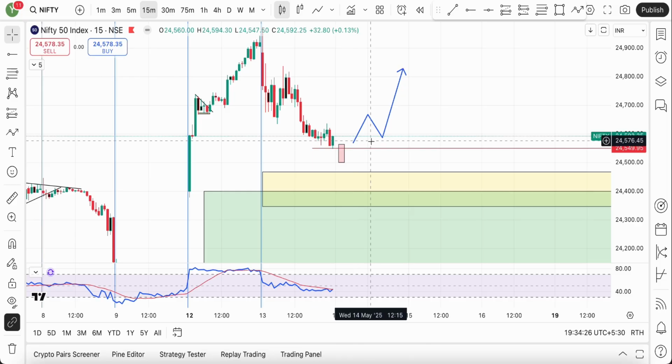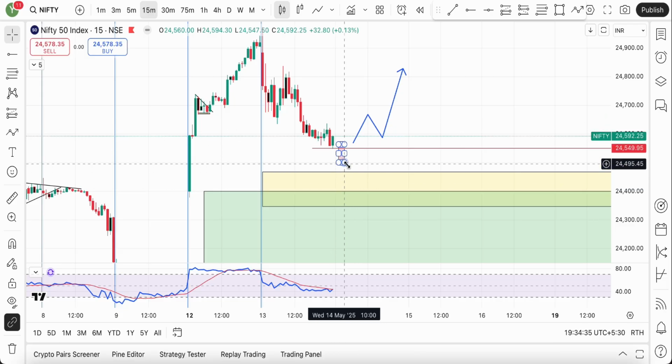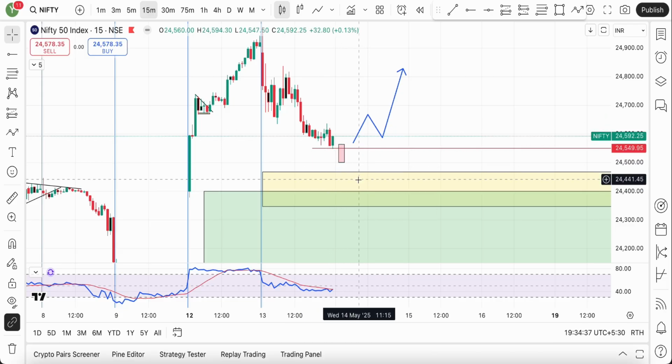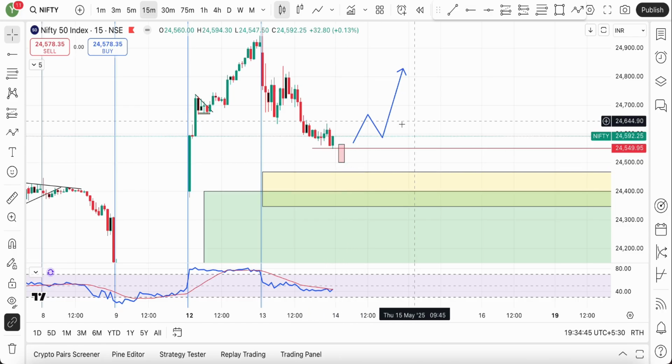So this is one trade which I will be keeping my eyes on early in the morning. In case of a flat opening or a gap down opening around these levels, based on price action, we can look at creating a long if market reverses around here.